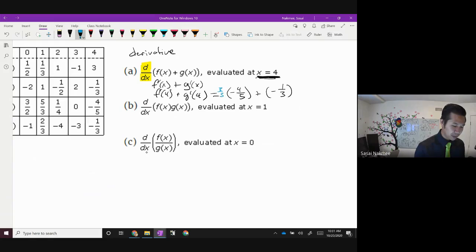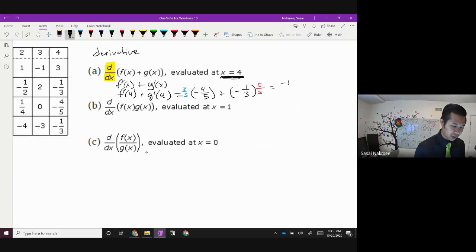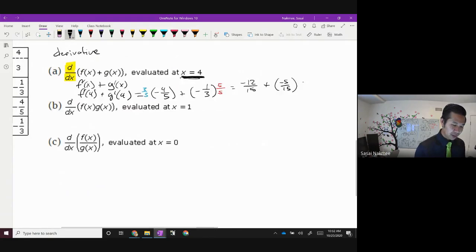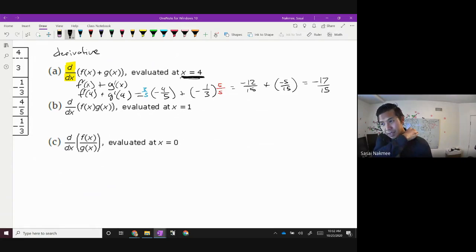So you multiply top and bottom over here by 3, and top and bottom over here by 5. Let's double check real quick. This gives me negative 12/15 plus negative 5/15. Did you guys get negative 17/15? That'd be my answer right there. Negative 17/15. It is reduced, and I would leave it like that.